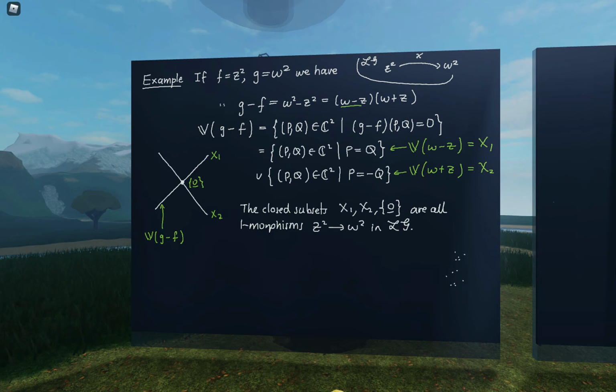So the polynomials z squared and w squared are different objects, but they're isomorphic to one another, and indeed x1 is that isomorphism. We'll discuss what an isomorphism is at some point.